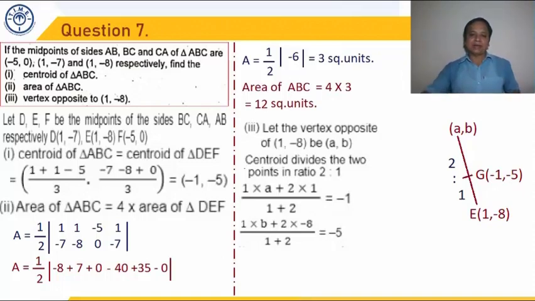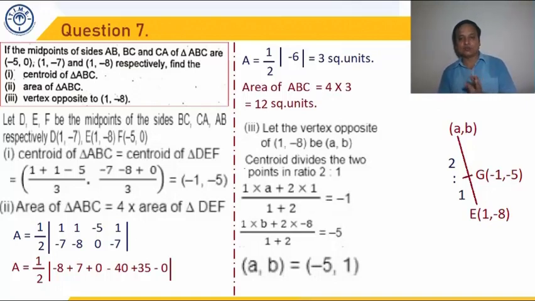So B minus 16 is equal to minus 5 into 3, that is minus 15. So the value of B comes out to be 1, and A plus 2 is equal to minus 3, so A is equal to minus 5.